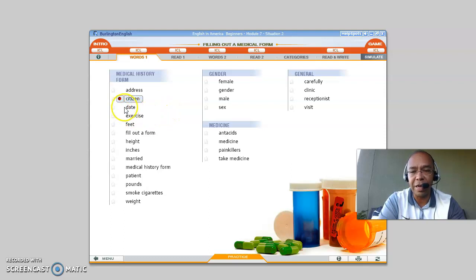Let's look at the next word. Date. The date refers to the day, the month. For example, your date of birth. Date of birth.